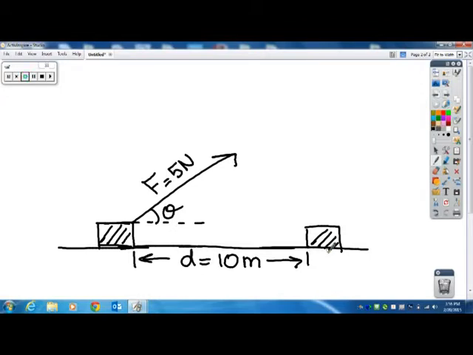So you have this object that's being pulled to the right, but the force is pulling at an angle theta, whatever that angle may be, 10 degrees, 20 degrees, 30 degrees. I'll just go ahead and put 30 degrees in for now.